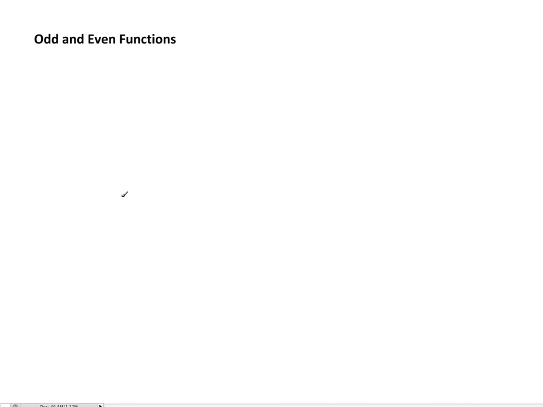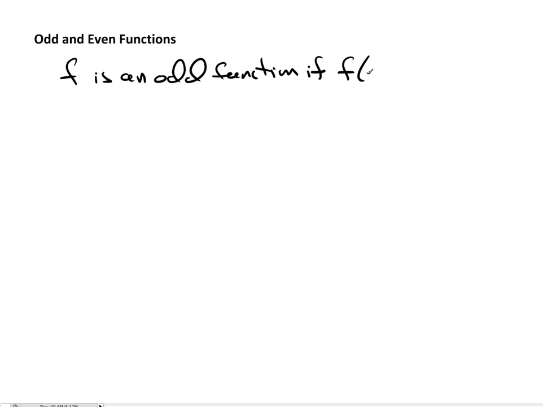Now, that brings me to the idea of even and odd functions. We say that f is an odd function if f of negative x is equal to the negative of f of x.